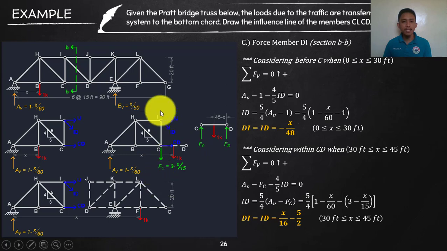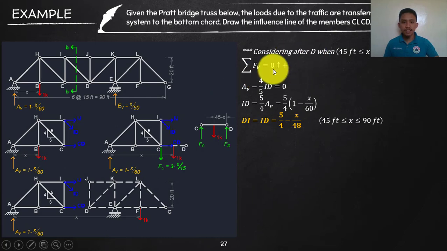So summate vertical, this will now be included. So going up AB, and then FC going down is negative, and the component of ID is negative 4/5 going down. Simple algebra, again 5 over 4 of AB minus FC. Substitute AB and FC, this and that value. You will end up with x over 16 minus 5 halves, good for x 30 feet to 45.